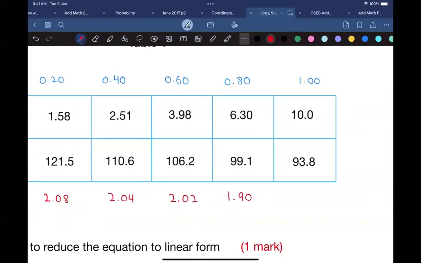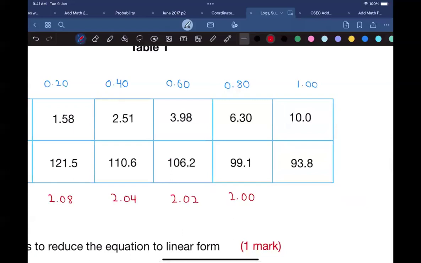So that'll be 1.99, so that'll just be 2.08. Nah, if you're rounding it to 2 decimal places, you get 2.00, because the number before the 9 is 6. I see. And the last one, hold on. 1.97.